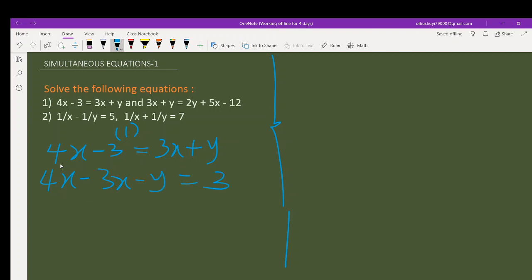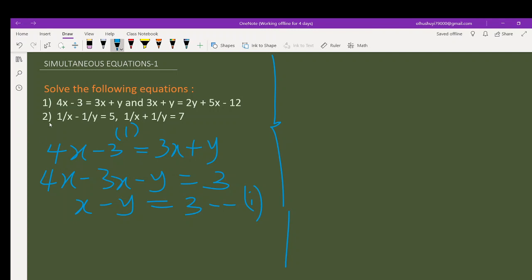Then this becomes x minus y equal to 3. You see that? We're going to be solving this simultaneous equation with different methods. I want this one to form equation 1.